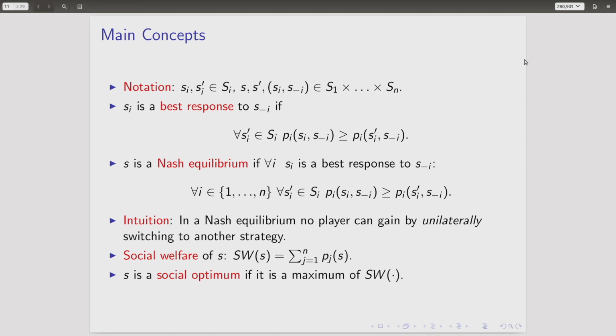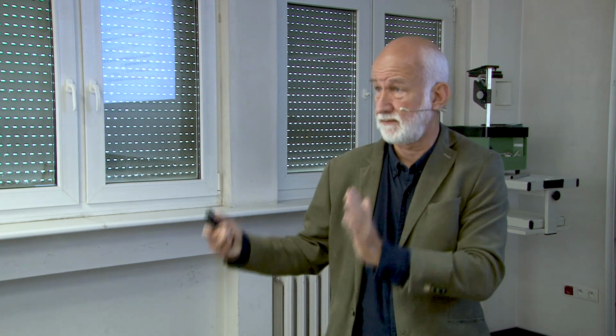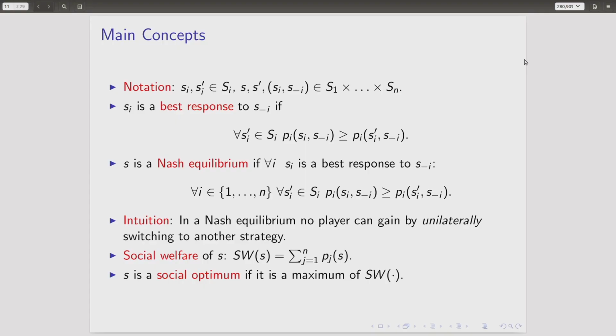And this very notation already appears in the formal definition of a best response. So we focus on player I, we say that his opponents fixed their strategy, so S minus I is fixed, and now we think what is best for player I. So of course he has his payoff function to the side, so in that case we say that Si is a best response if for any alternative, including say this Si, he won't get better off.